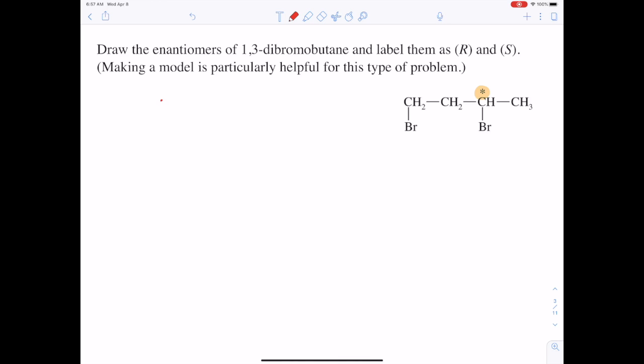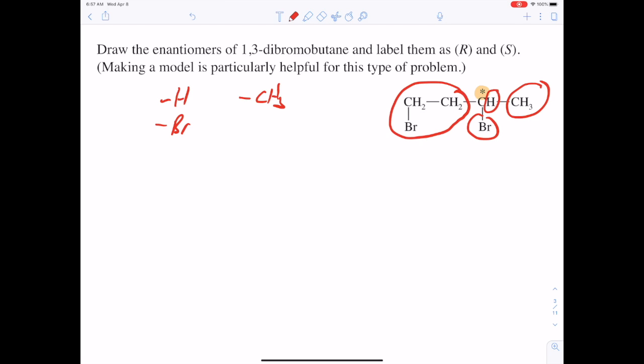So the groups are a hydrogen, a methyl, bromine, and a 2-carbon chain with a bromine on the second carbon.